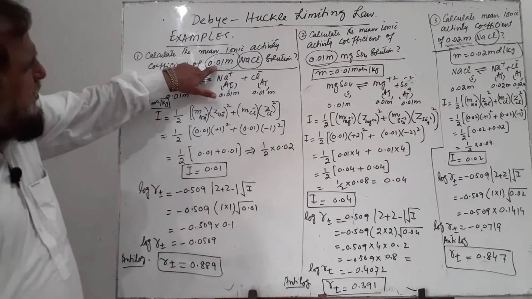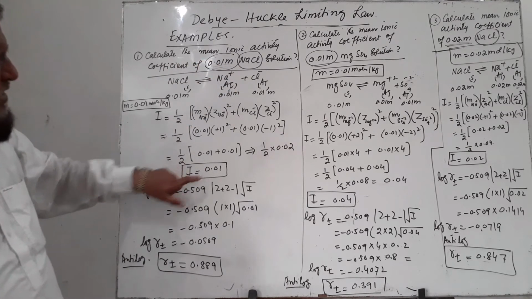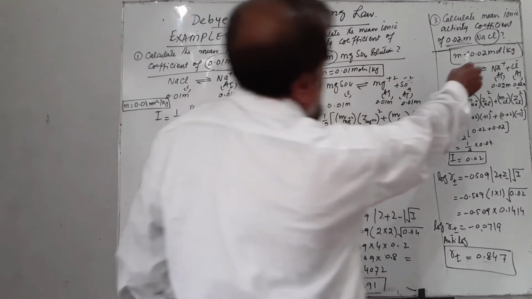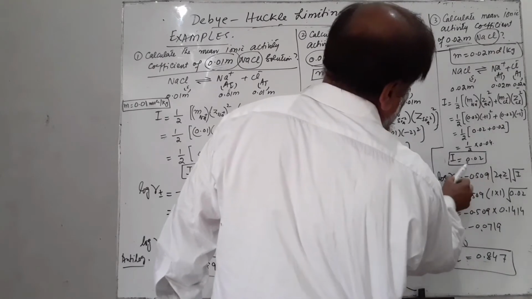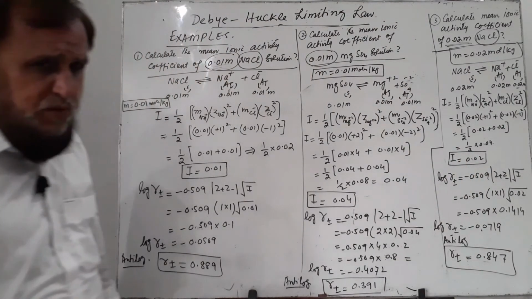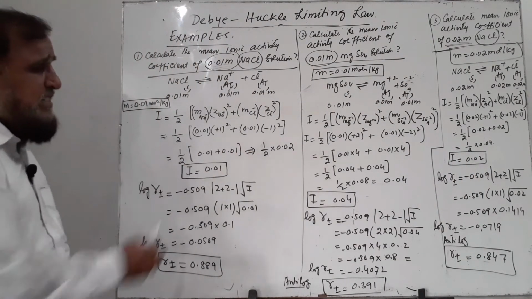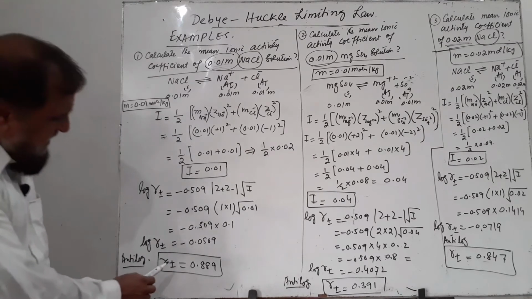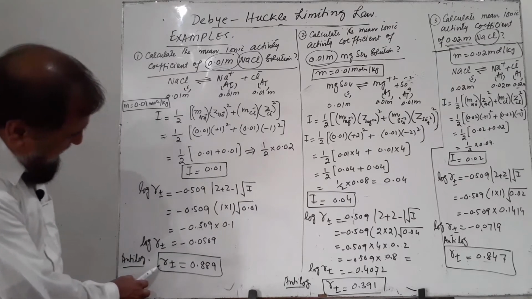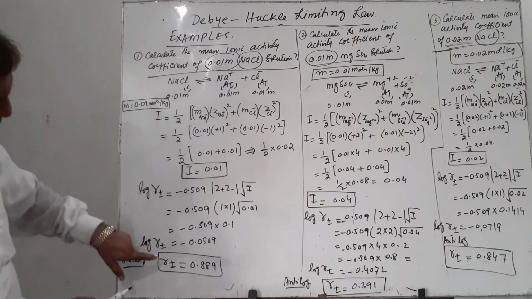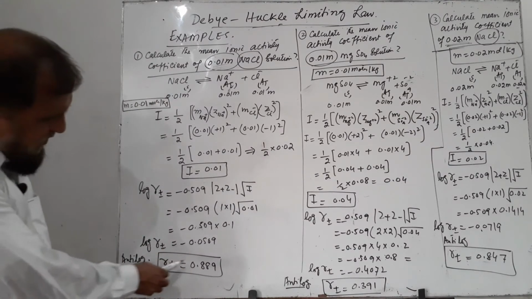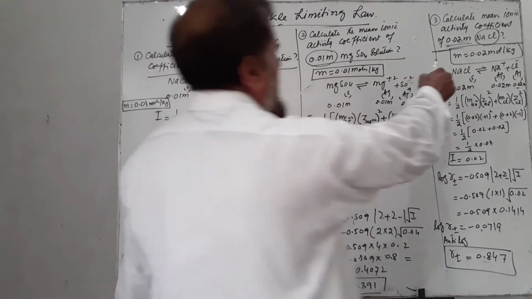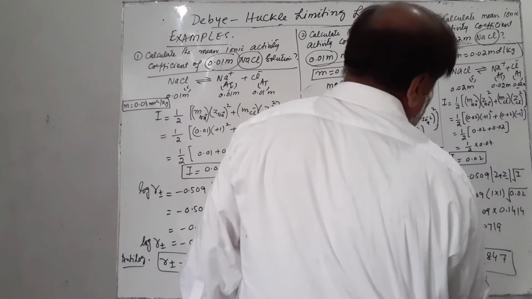For example, for 0.01 molar sodium chloride, the ionic strength is 0.01, and for 0.02 molar sodium chloride solution, the ionic strength is 0.02. And when the ionic strength increases, the activity coefficient decreases.